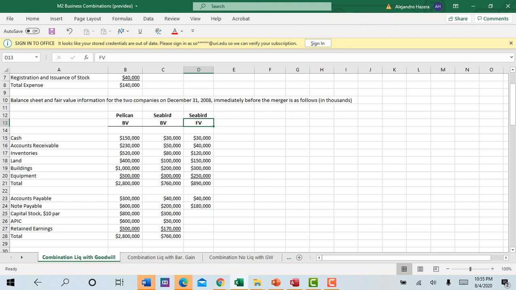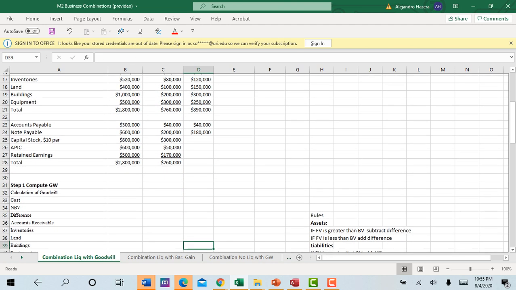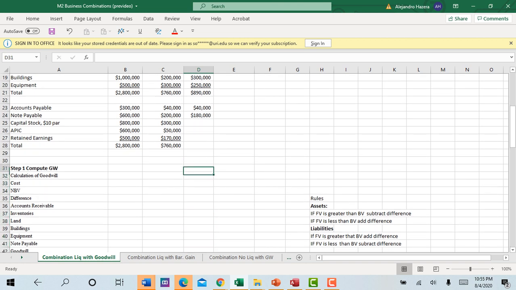Now, the fair value balance sheet for the sub is necessary because, as I said in the previous video, an acquired company is always valued at fair value. Okay, so anyway, there's going to be three steps in this valuation. I'm going to go through them rather fast, but I hope it makes some sense. Step one is we're going to compute the goodwill, and that's what I said in the previous video.